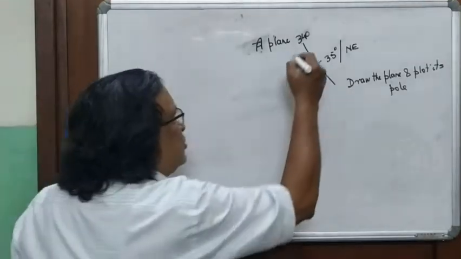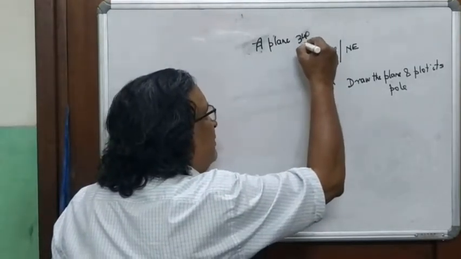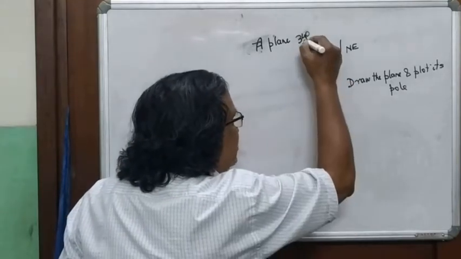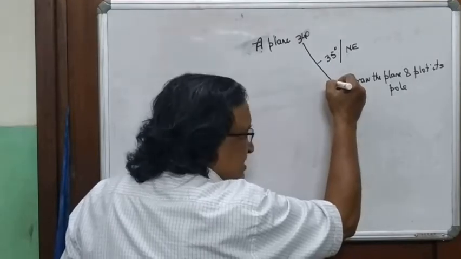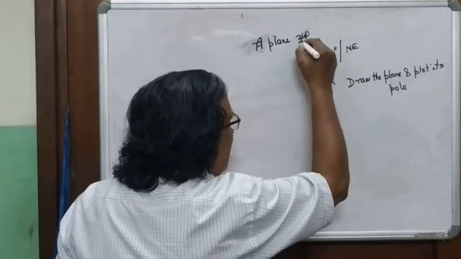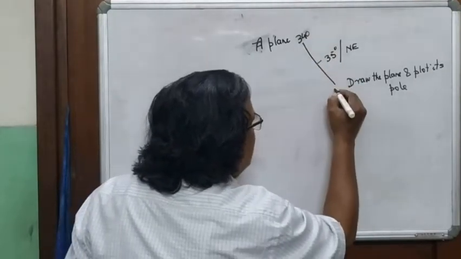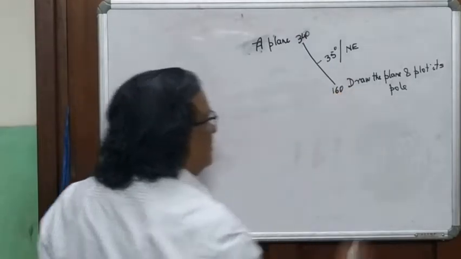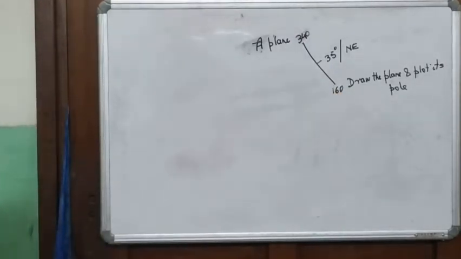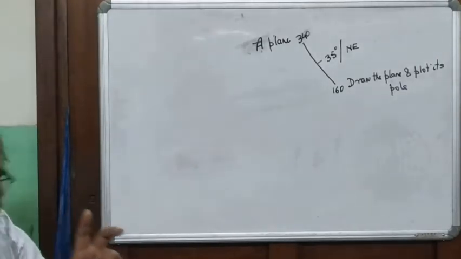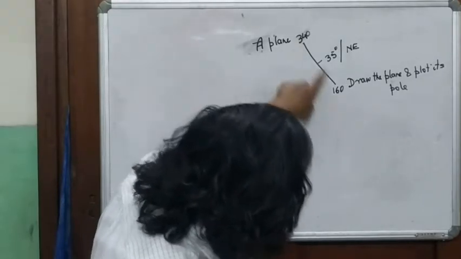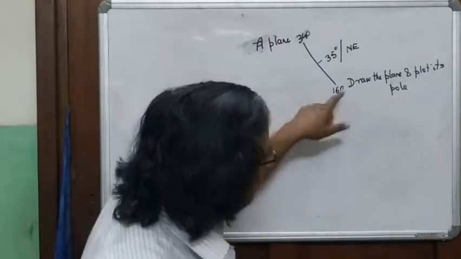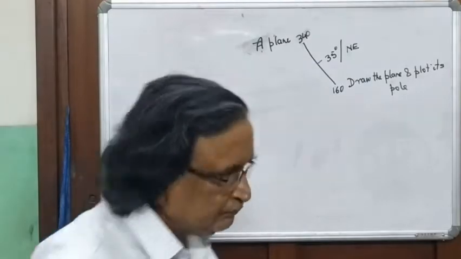So if this is 340, then the other side is 340 minus 180, that is 160. Let us get the numbers first. If this is 340, then the opposite end of the strike is 160.